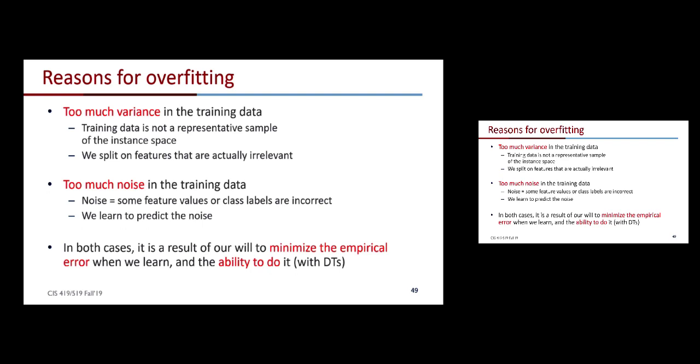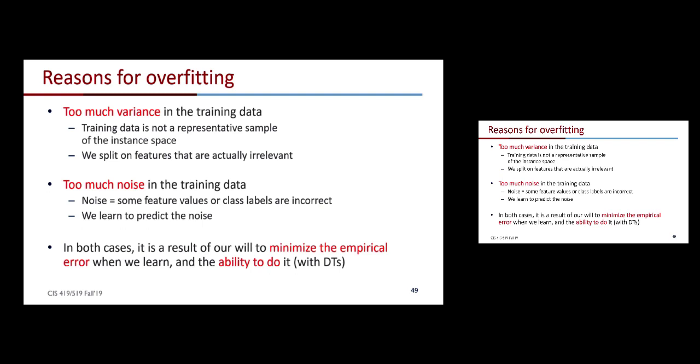One reason could be that there's too much variance in the training data. The training data doesn't represent a good sample of the instance space, and we basically split on some features that really no one cares about.